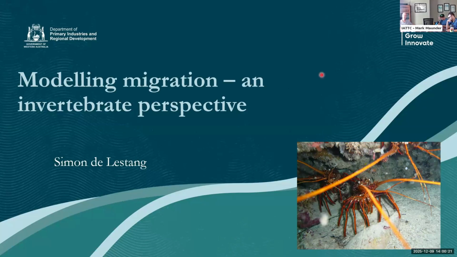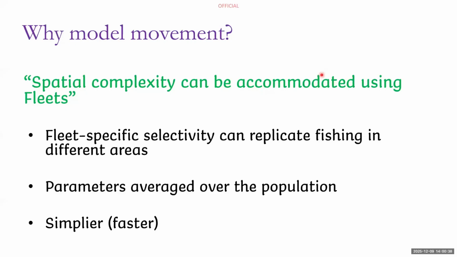That's good. Awesome. Well, Mark, thanks for inviting me to the world of tuna to give my perspective from an invertebrate side. I think things are a little bit easier for us, and so we'll just start off. I guess a lot of the models in Western Australia that we're using, fleets are used to replicate areas, or to solve the issue of areas, and therefore the issue of any movement between areas and so forth.